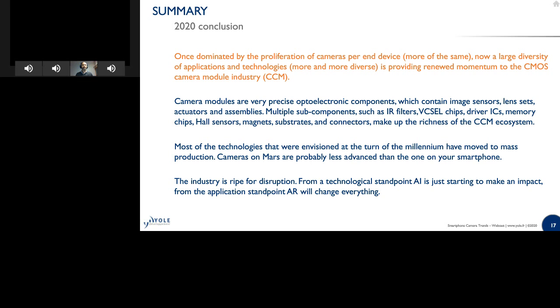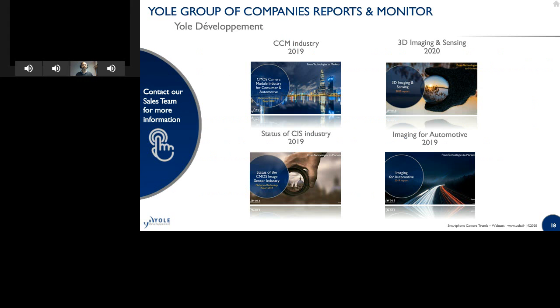We have reached kind of a climax in terms of complexity, and I think it's going to be difficult to find the next step, and probably disruption. I mean, the industry is really ripe for disruption at this point. This is my conclusion, and Faisal, maybe we can move to the next presenter.